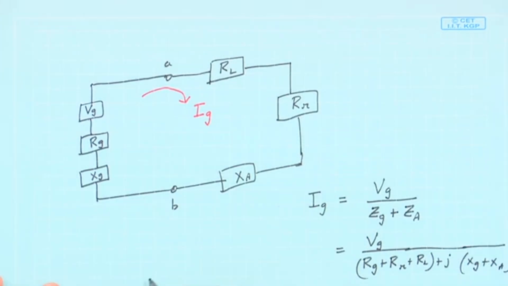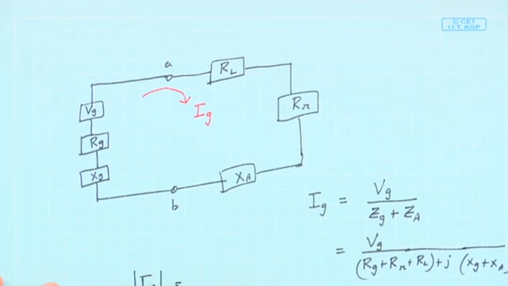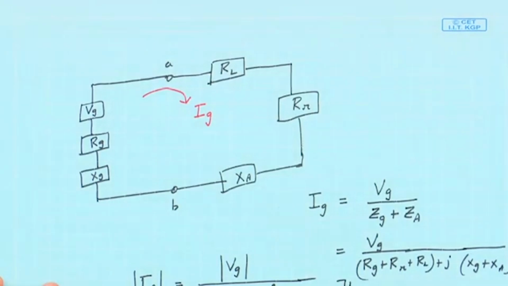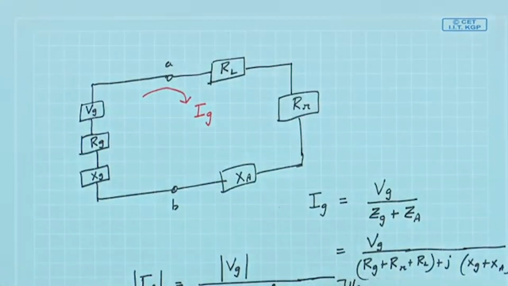So, from here I can now write the magnitude of this I g, that is simply V g by square root of (R g plus R r plus R L) square plus (X g plus X a) square. Quite simple.